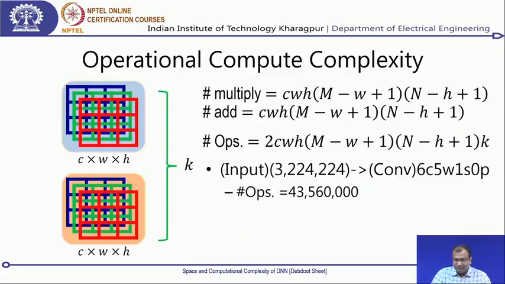The total number of parameters is much lesser, because the convolution kernel is 5 cross 5 cross 3 and you have 6 of these, but the total number of calculations you are doing is significantly larger.